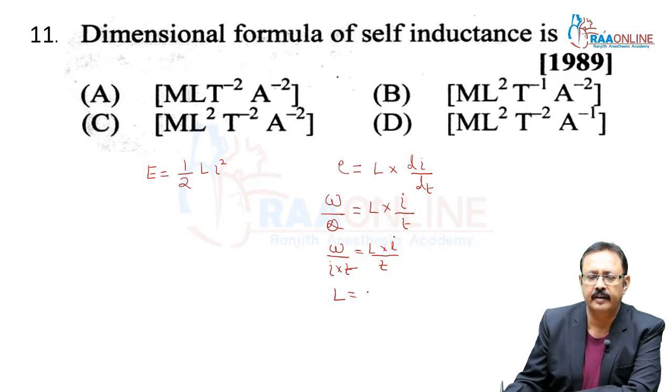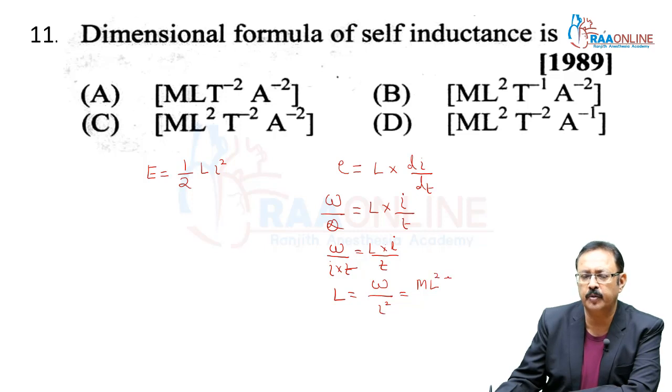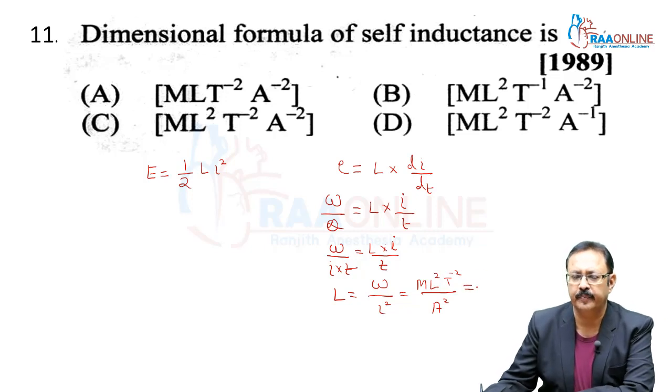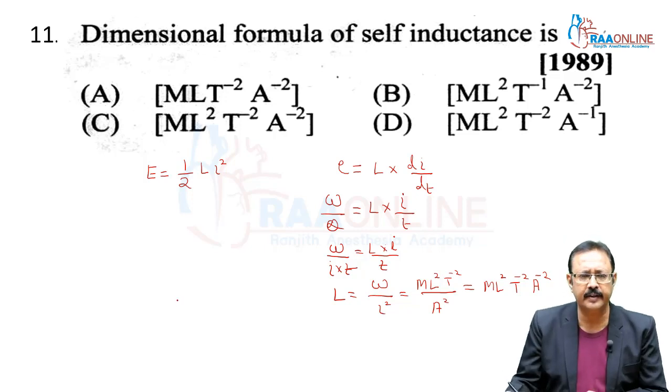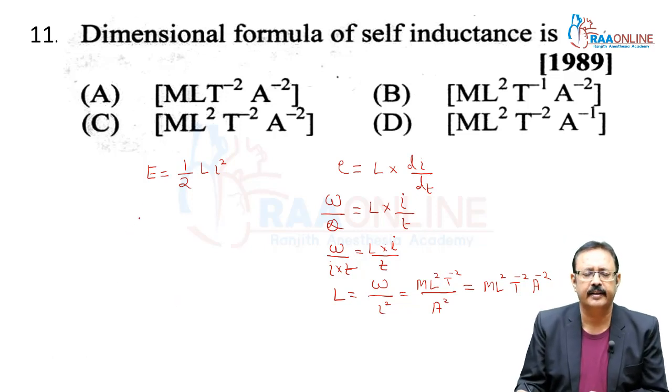L is W upon I square. Work, energy, M L2 T minus 2 upon current square. So we are getting M L2 T minus 2 A minus 2.